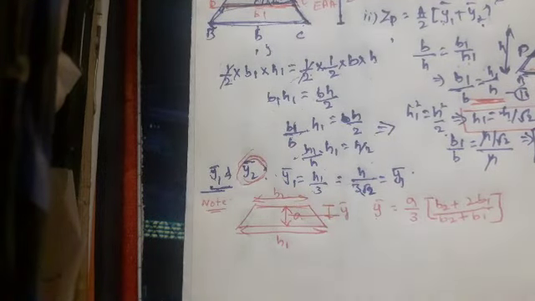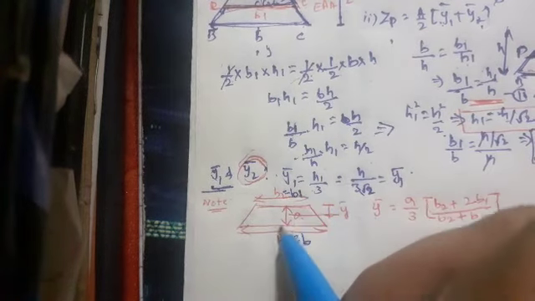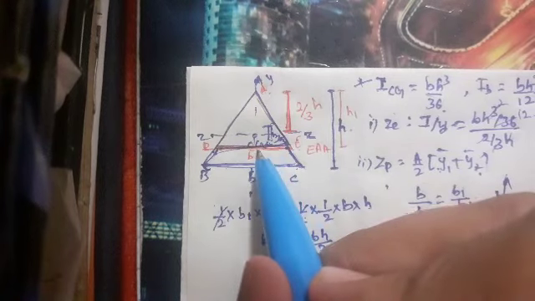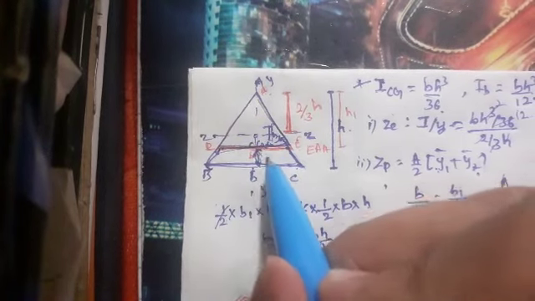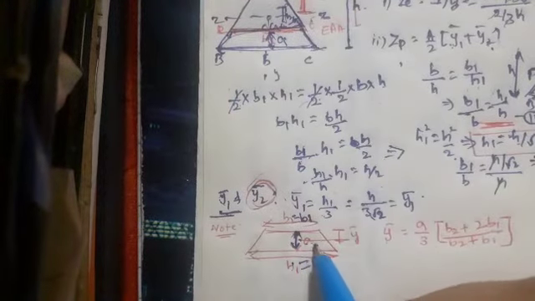So here, instead of B1, we have B, and instead of B2, we have B1. To find A, in this figure, it is simply capital H minus H1. So A is equal to capital H minus H1.